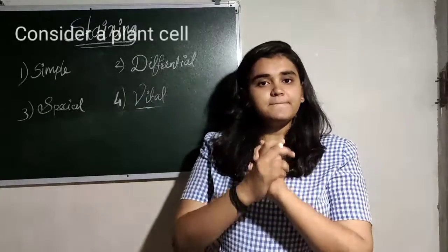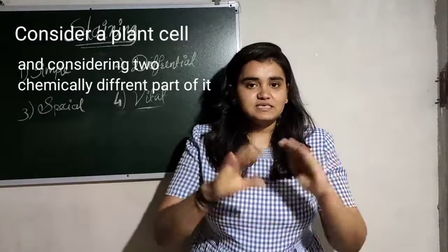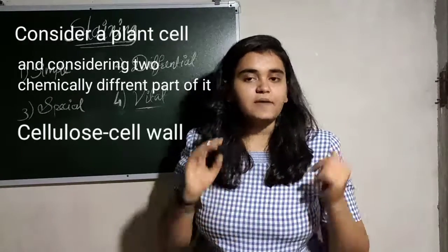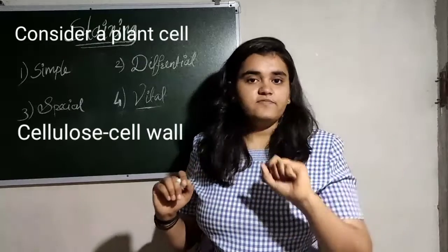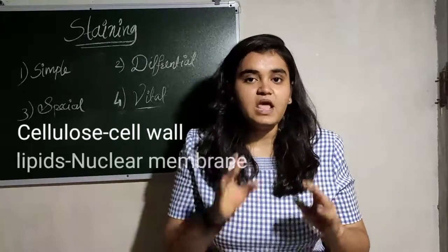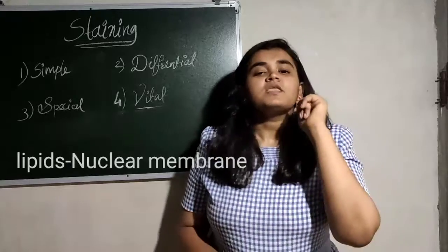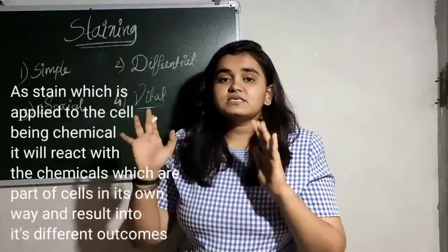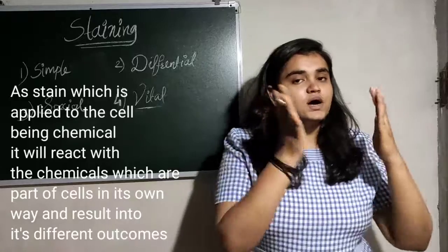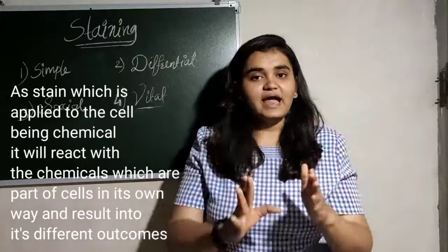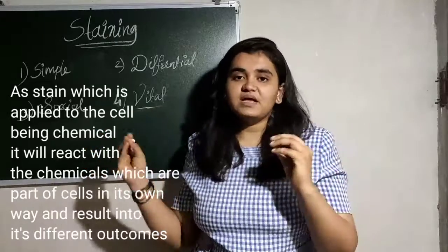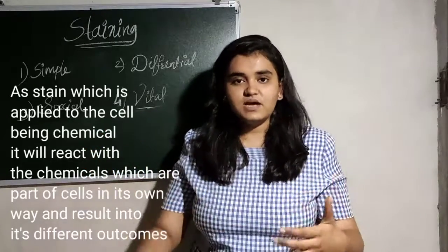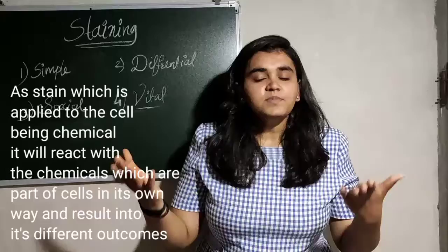If I take a plant cell, it has cellulose in its cell wall. And taking another part of a plant cell, for example its nuclear membrane, which will have lipid. When a stain, which is a chemical compound, is applied to a plant cell, that stain will react differently with cellulose, as chemicals react with each other and give out some outcome.